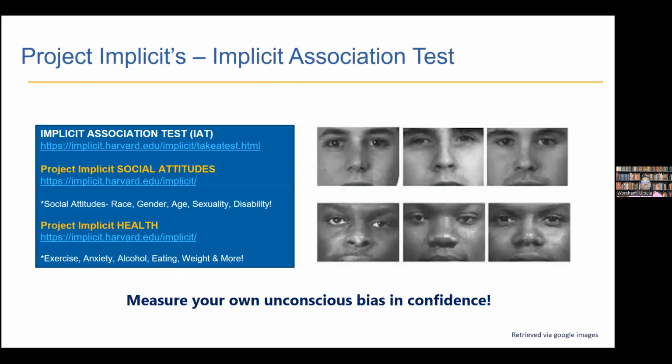The test measures the reaction time of individuals to a series of words or pictures presented on a computer screen, centered on social attitudes to race, gender, age, sexuality, weight, disability, etc. And it really can help us reduce negative effect of implicit bias by, once again, increasing our awareness. And once again, no one gets to see your results.